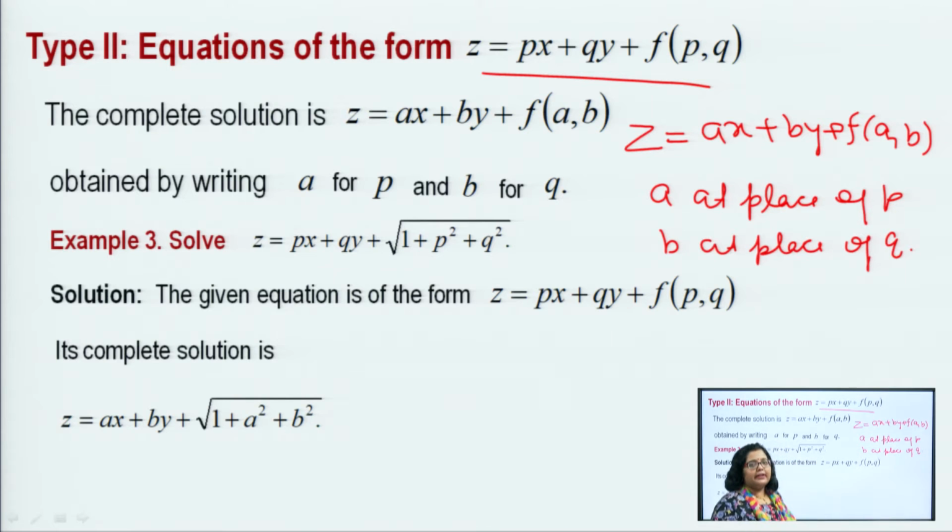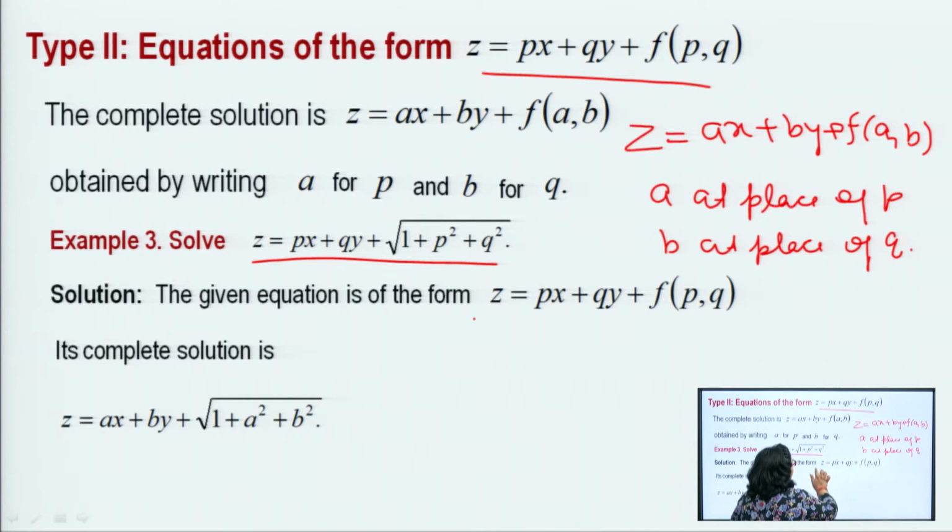After this, we solve some examples on the basis of type second. The question is z is equal to px plus qy plus under root 1 plus p square plus q square. Here z is equal to px plus qy plus some function of p and q. That means this is type second.